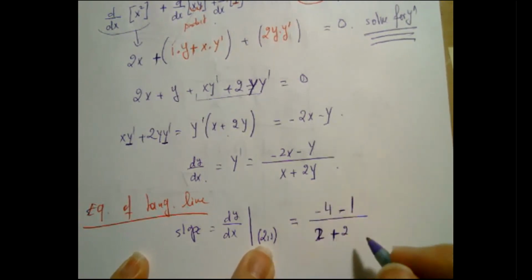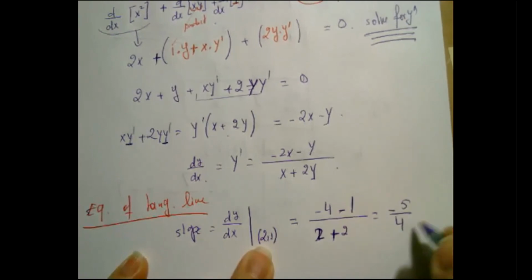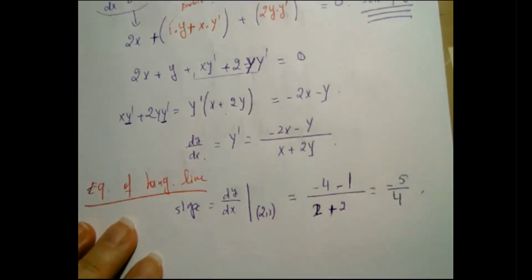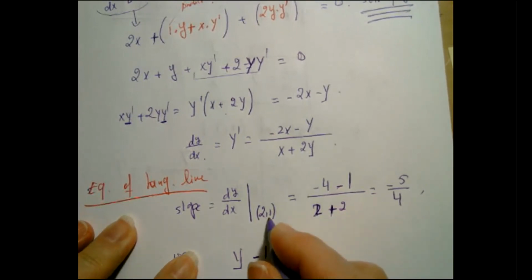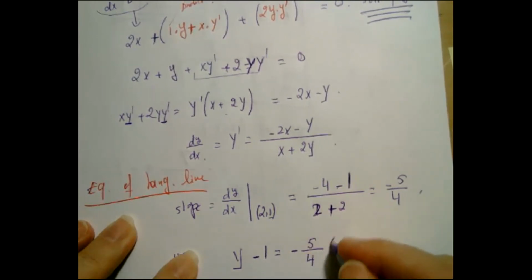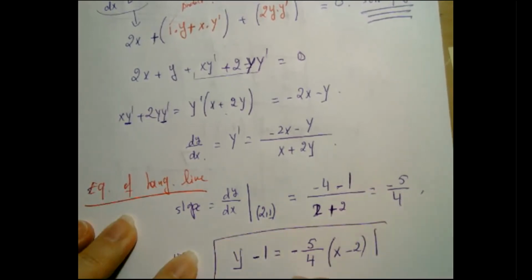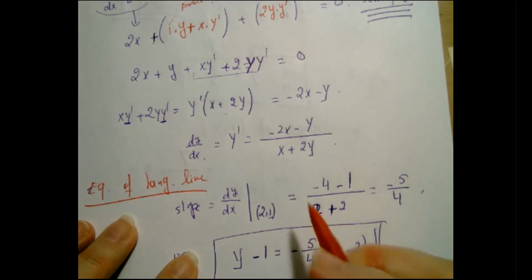So I multiply this out, and it's going to give me minus 5 over 4. And now the equation. I use the point-slope form: y minus 1 equals minus 5 over 4 times x minus 2. So that's my slope, and that's the point right there.